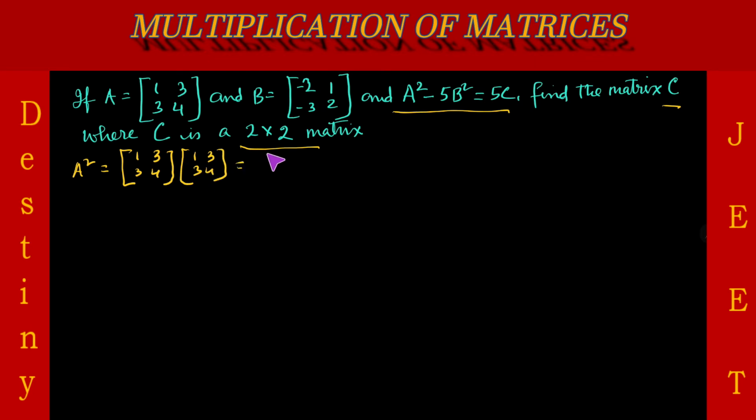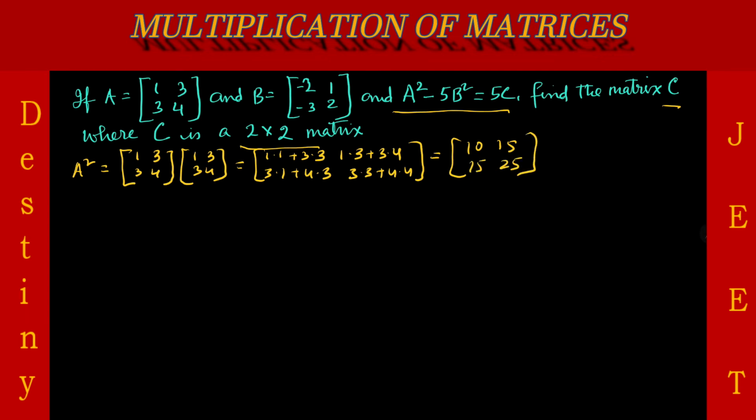And finally we get what? 1 into 1 plus 3 into 3, 1 into 3 plus 3 into 4, 3 into 1 plus 4 into 3, 3 into 3 plus 4 into 4, and we get 10, 15, 15, 25.